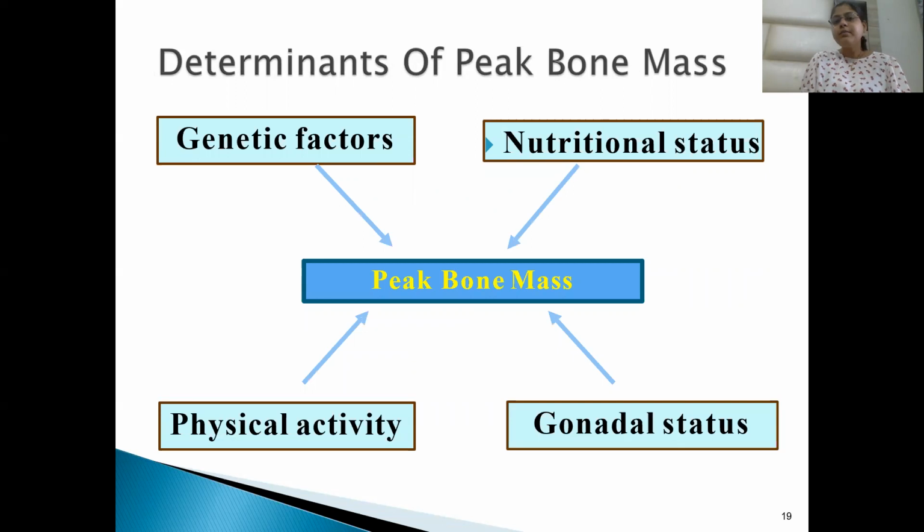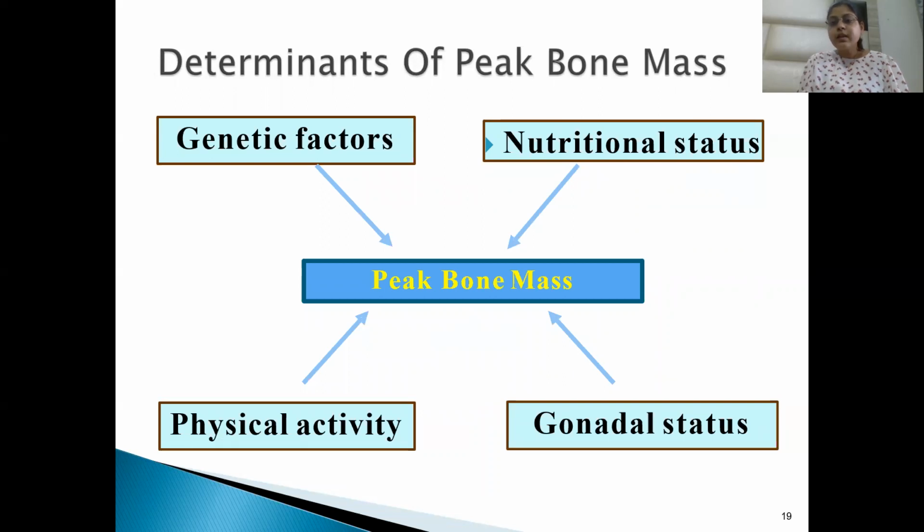Now, determinants of peak bone mass are nutritional status, genetic factors, physical activity, and gonadal status. Genetically, if the father, mother, or someone in the family is more susceptible to osteoporosis, that can lead to a decrease in peak bone mass.